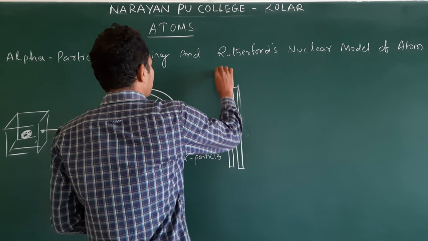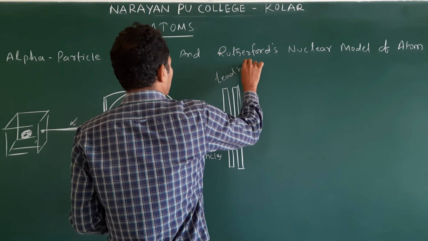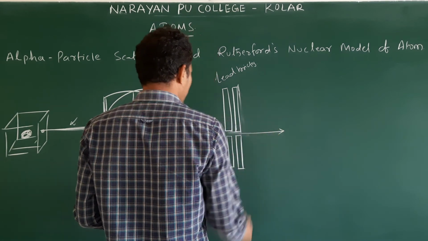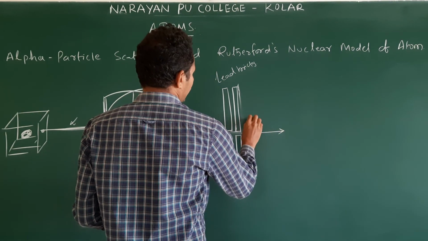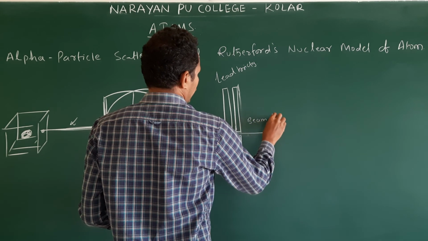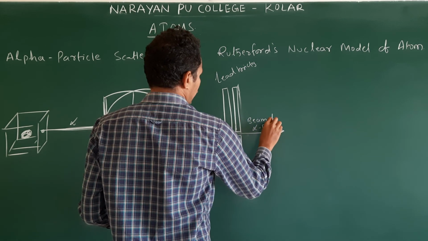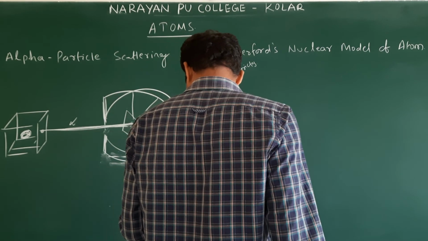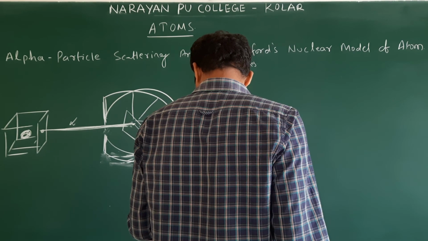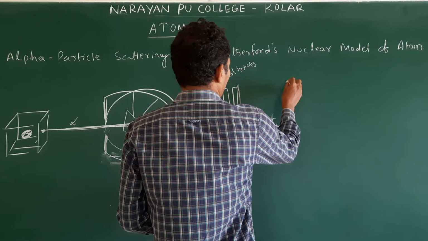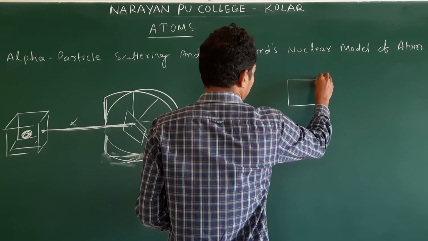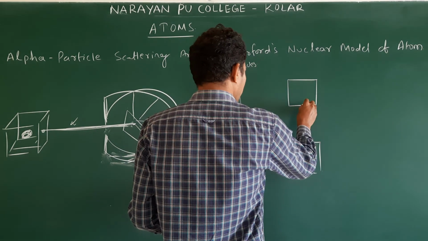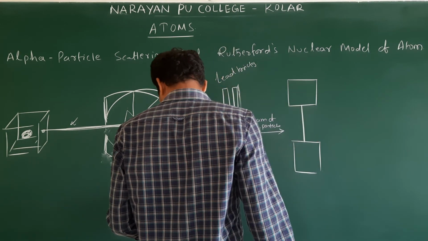From the lead bricks, the alpha particles are falling. This is a beam of alpha. Okay, thin gold foil, large angle scattering of the same. So this is the thin gold foil.